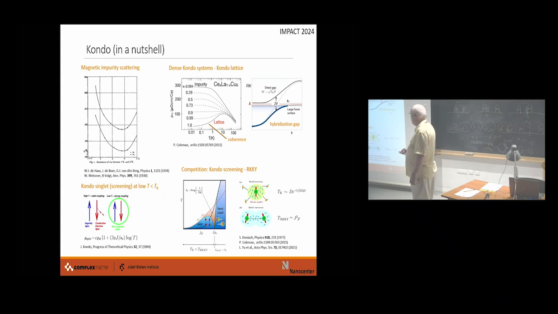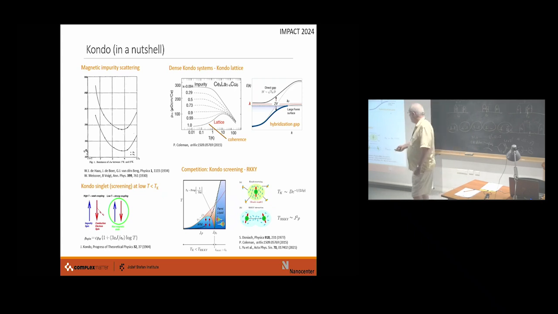And it took about 30 years for Kondo to publish a perturbative explanation of this effect, which is basically about scattering on paramagnetic or magnetic impurities in the sample.